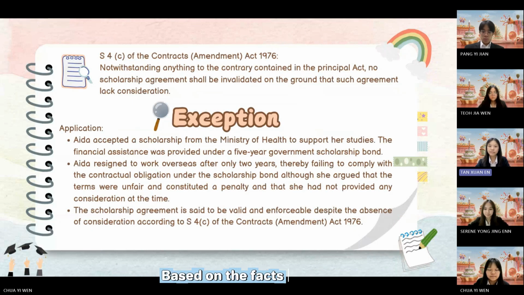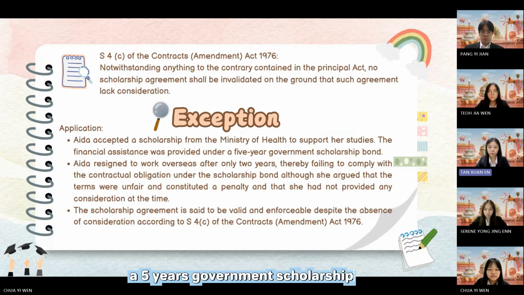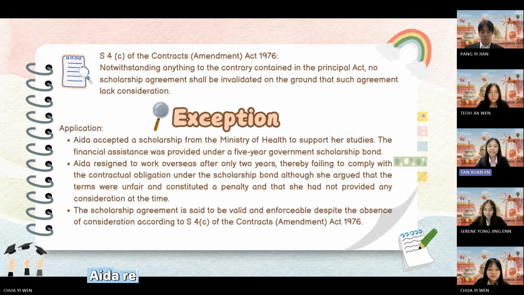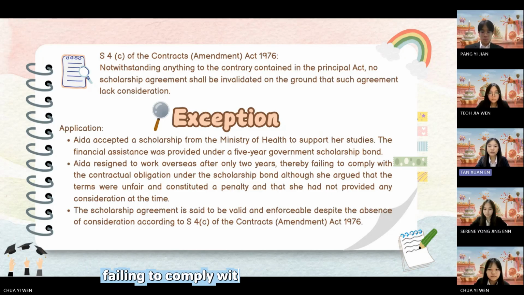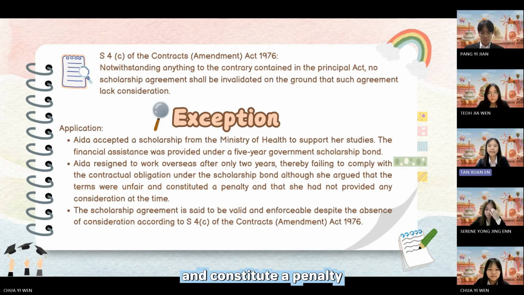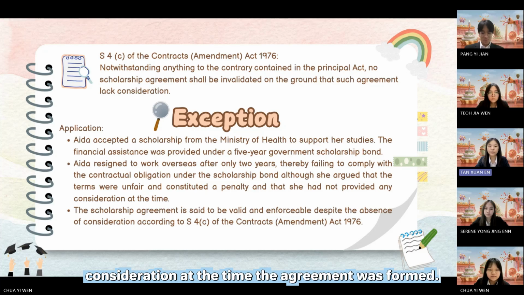Based on the facts of the case, IDA accepted a scholarship from the Ministry of Health to support her study. The financial assistance was provided under a 5-year government scholarship bond. However, IDA resigned to work overseas after only 2 years, thereby failing to comply with the contractual obligation under the scholarship bond, although she argued that the terms were unfair and constitute a penalty and that she has not provided any consideration at the time the agreement was formed.